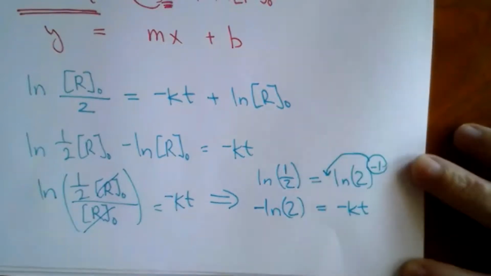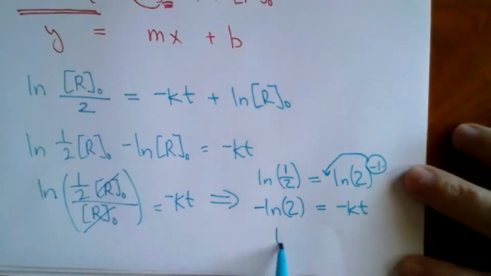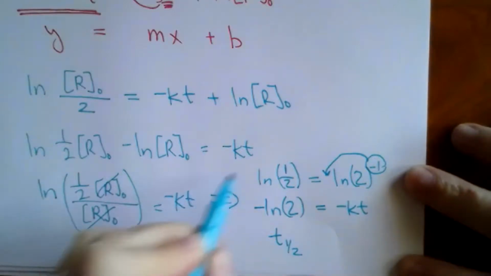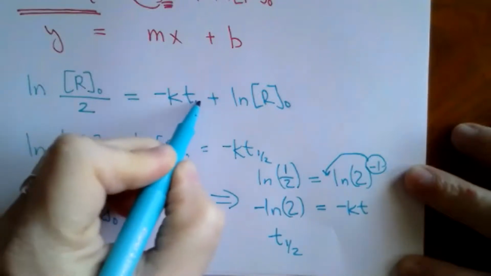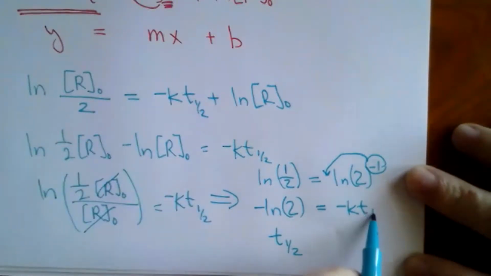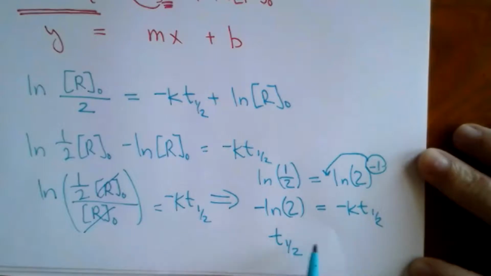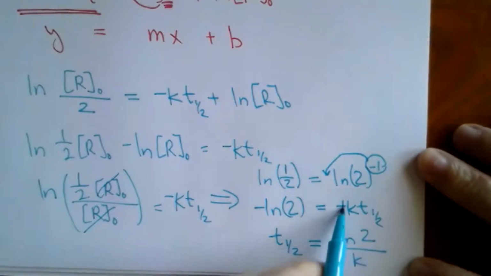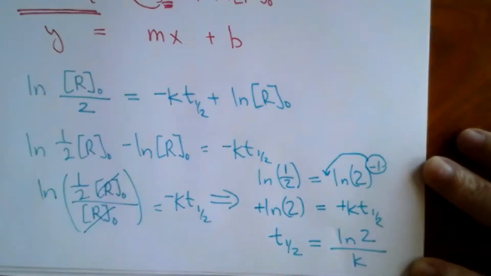Oh my, if I'm losing you, that's okay. Hold on. Solve it for t. This is specifically half-life. I should have written that over here as well. t is half-life this whole time in blue because I'm plugging in 1/2 of the original. So my half-life becomes ln of 2 over k because my negatives can cancel out.